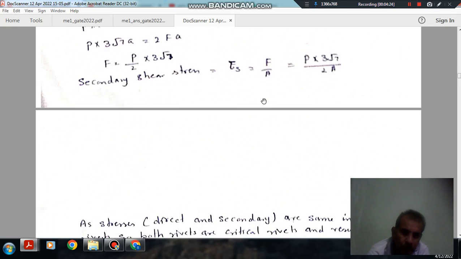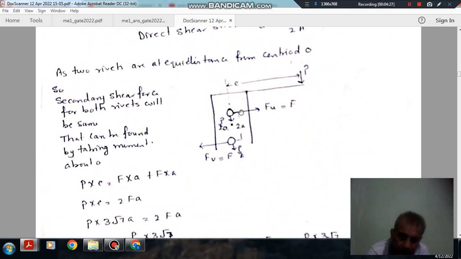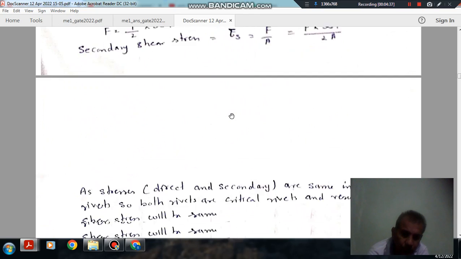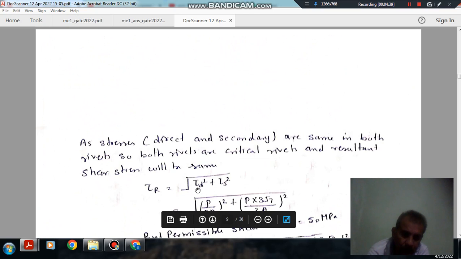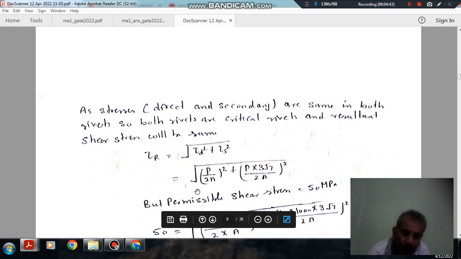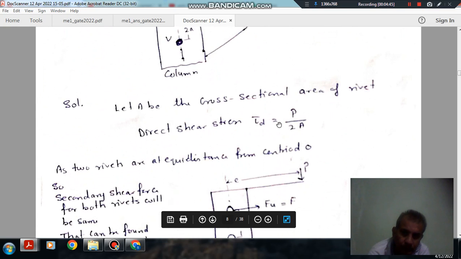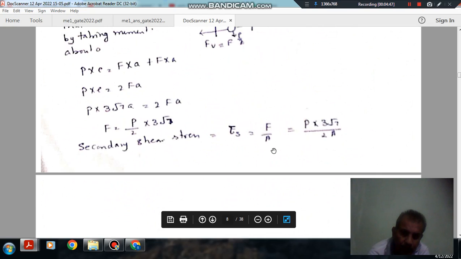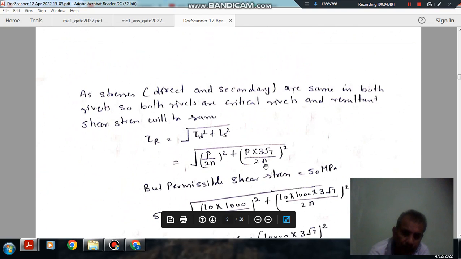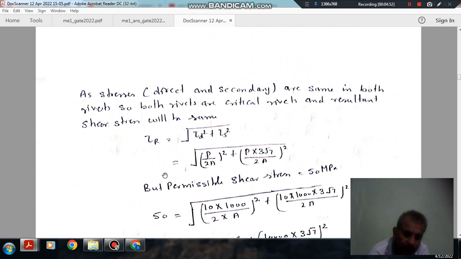Now as the two stresses, primary and secondary, are perpendicular to each other, the resultant stress will be the square root of tau d squared plus tau s squared. Putting in the values of tau d and tau s gives the resultant stress.